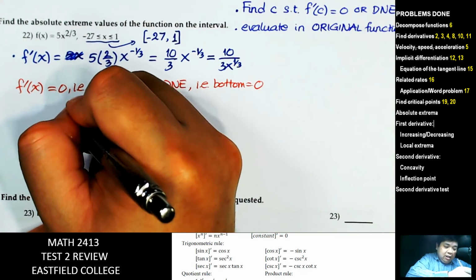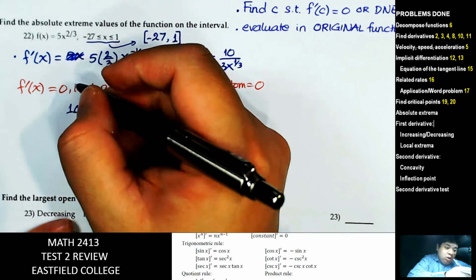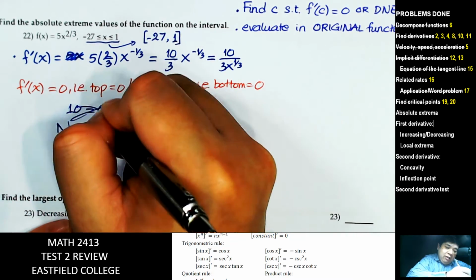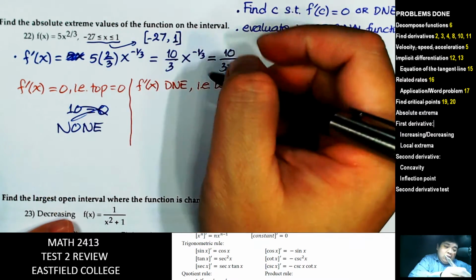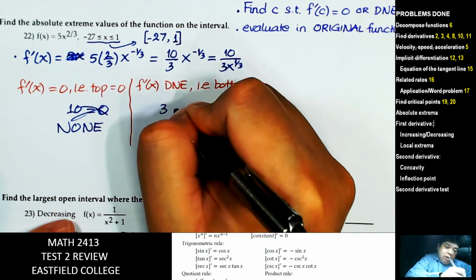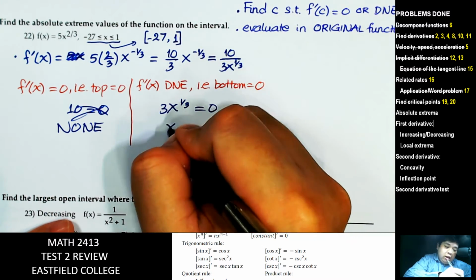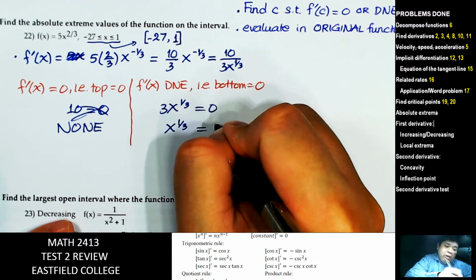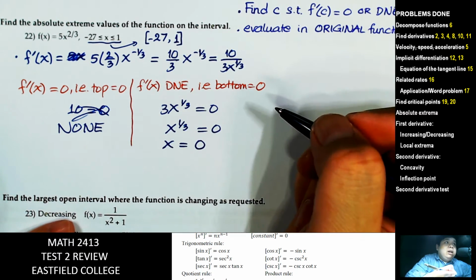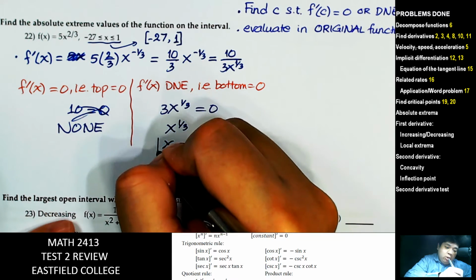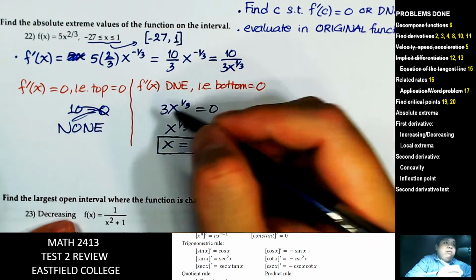The top is 10 over 3, equal to 0. Obviously this doesn't work, so we do not have anything on that side. On this side we have 3x to the 1/3 equal to 0. Divide by 3 on both sides. Pretty much x equal to 0. So we just have one point, x equal to 0 here. And here we have nothing.